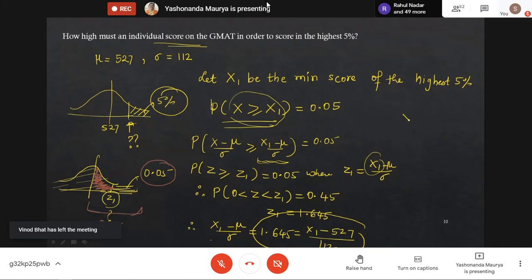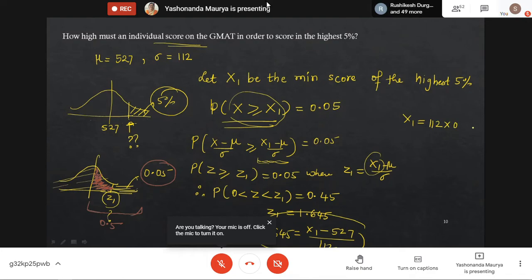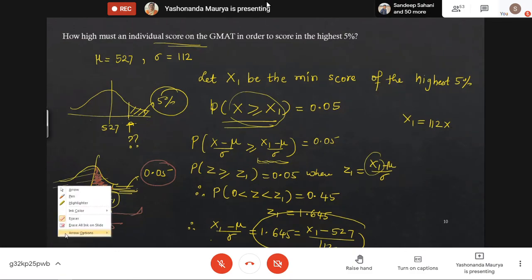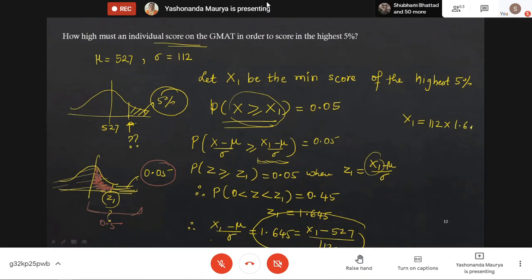Therefore, what will be x1? x1 will be equal to 112 multiplied by 1.645 plus 527. To simplify this, it will be 112 multiplied by 1.645 plus 527.